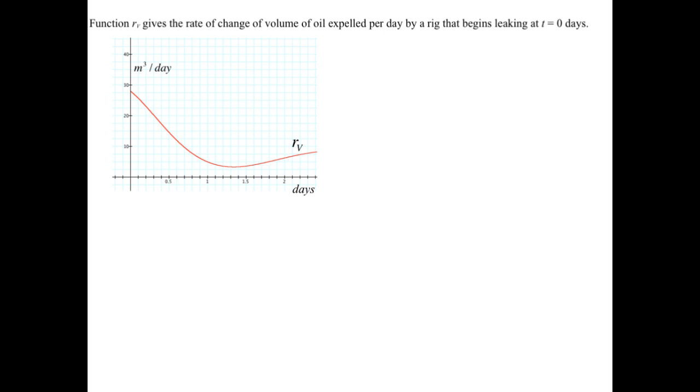Okay, so here's an example. Function R sub v. R sub v gives the rate of change of volume of oil expelled per day by a rig that begins leaking at t equals 0 days. So the rig starts to leak, and this graph is the rate of change of oil expelled into the ocean.